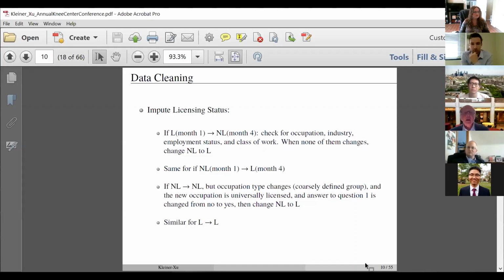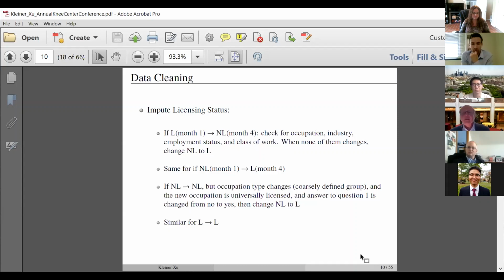And the same if there was non-licensed to licensed in month 4. So we looked at other characteristics to try to impute whether those individuals were licensed in the months where those questions were not asked.